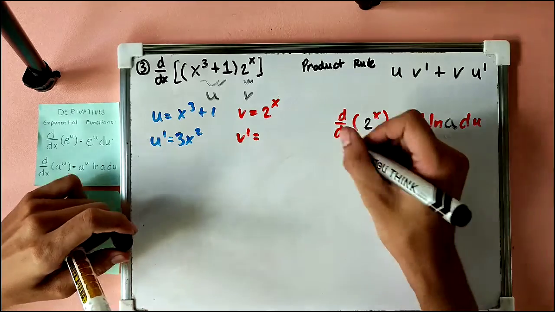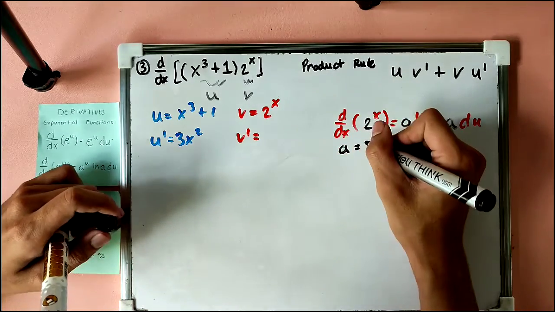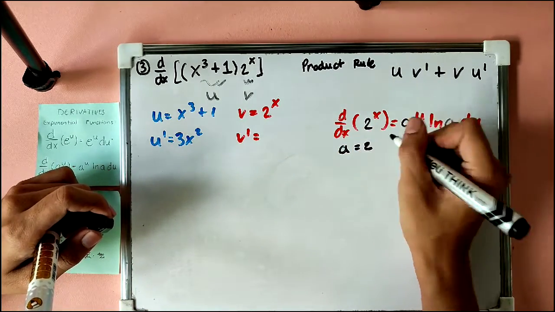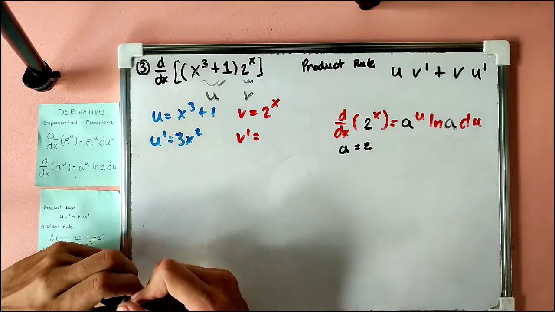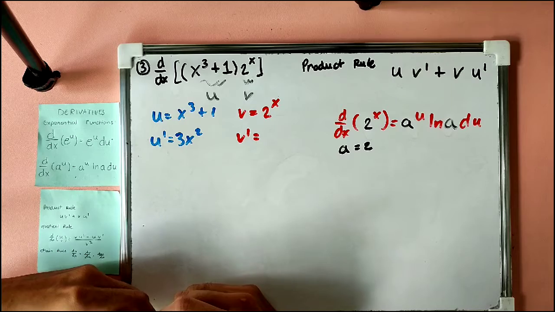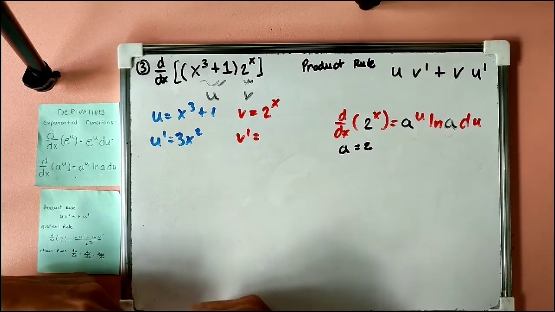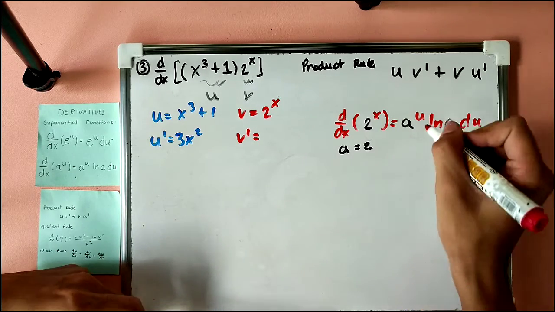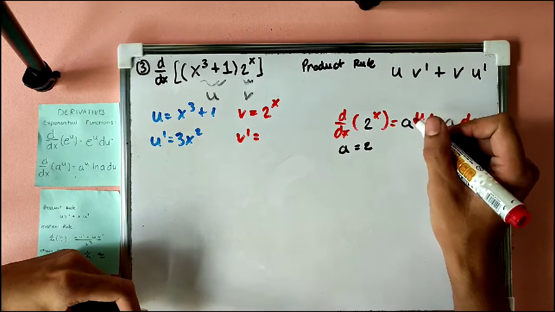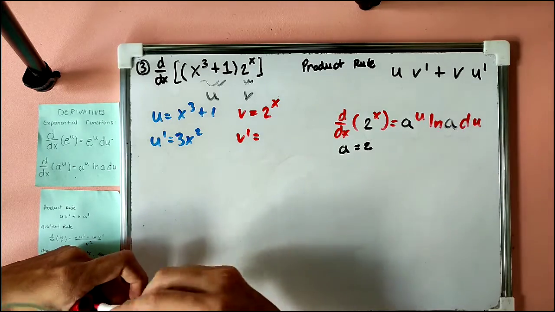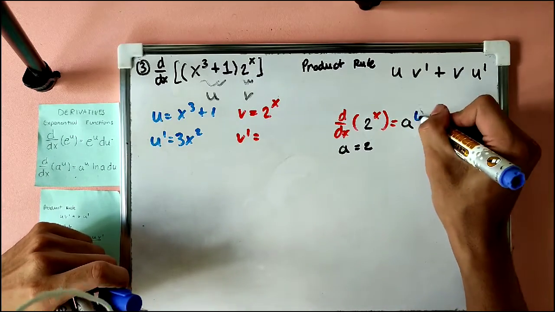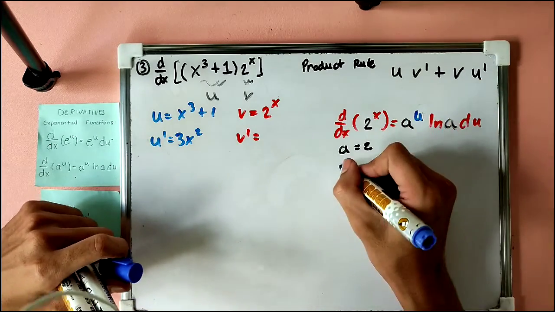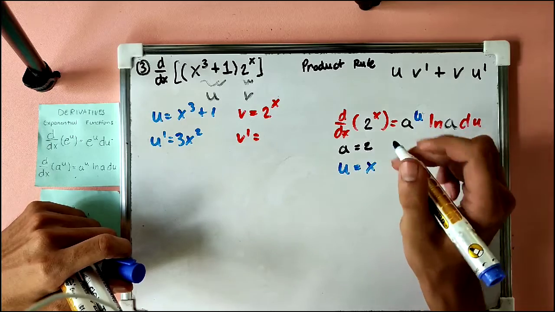So a equals to 2, then ang x natin or ang u natin is equals to x.